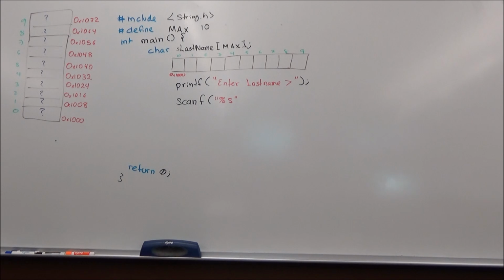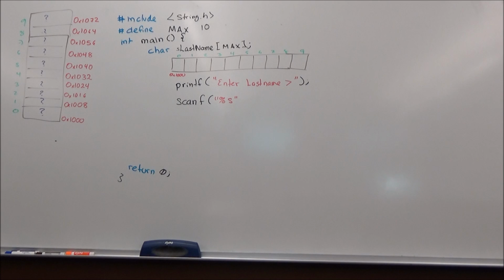So, what's your guess? You pass the address of the first element, or you just put the address of the array, or how do you pass it? You just add the name of the array.